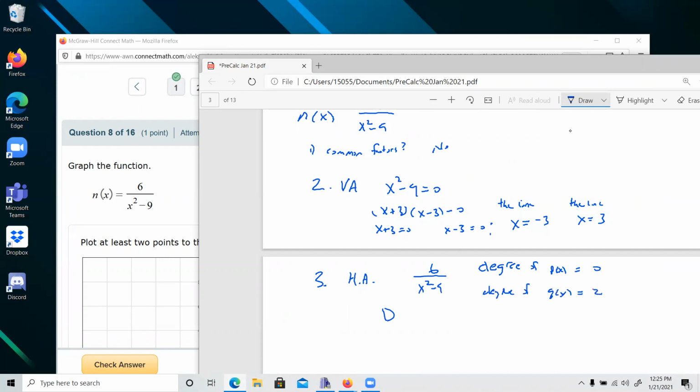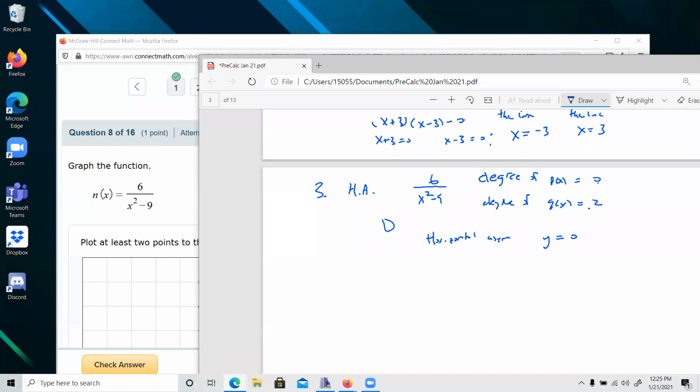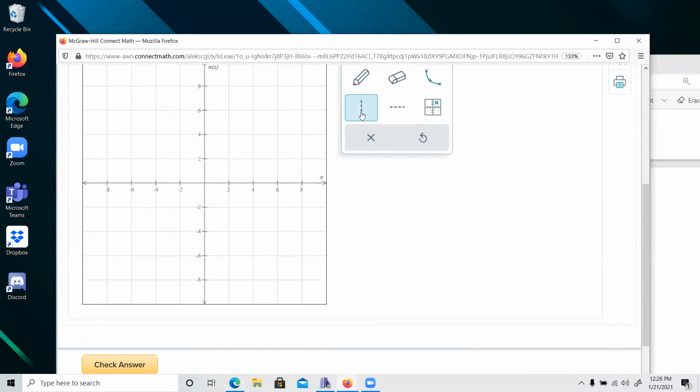The top one is smaller than the bottom. So we still have a horizontal asymptote at the line y is equal to 0. Just like the last one. Okay. And now they're going to have us graph some things in each of the different pieces here. So let's go ahead and lay out the skeleton here, and then we'll see.